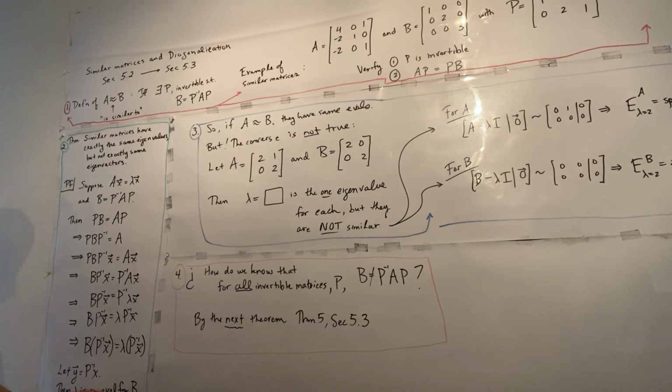So lambda, that was an eigenvalue for A, is also an eigenvalue for B, but not with the same eigenvector x. Instead, it's this transformed P inverse x.